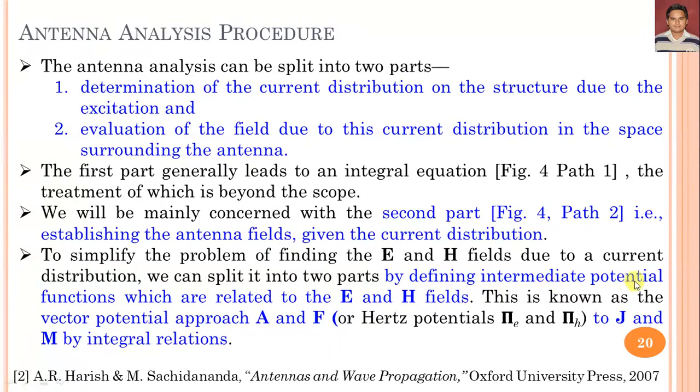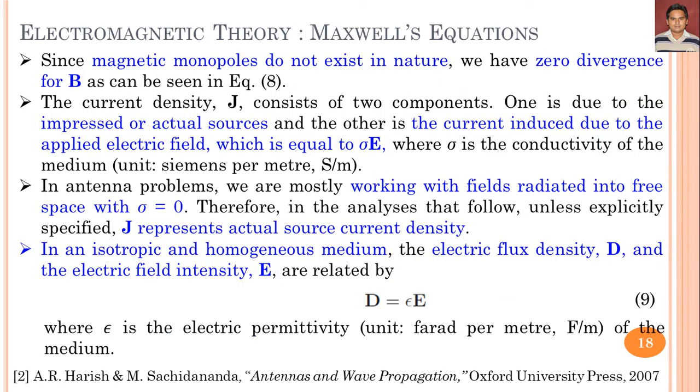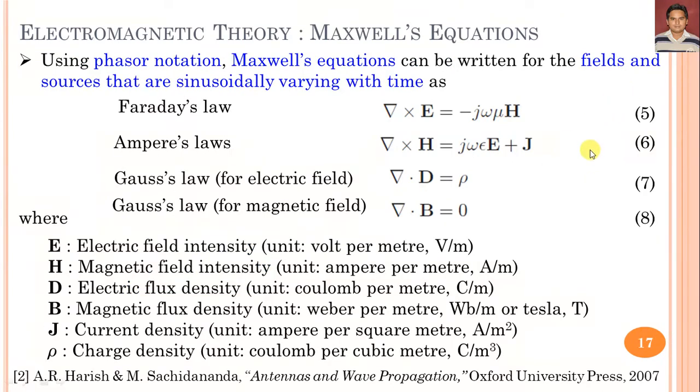First is defining intermediate potential functions which are related to E and H. These intermediate potential functions are known as the vector potential functions A and F, or the Hertz potential functions phi E and phi H. This is called the vector potential approach, through which we can calculate the radiated field by using the Maxwell equations, as discussed in equations 5 and 6.